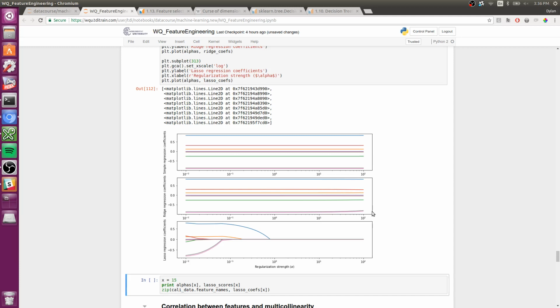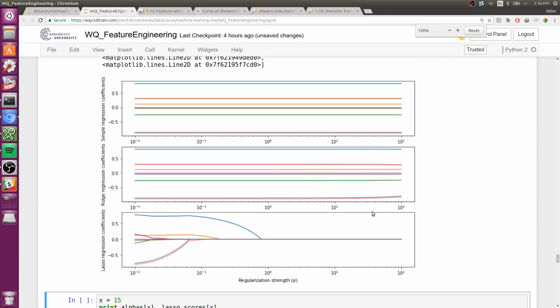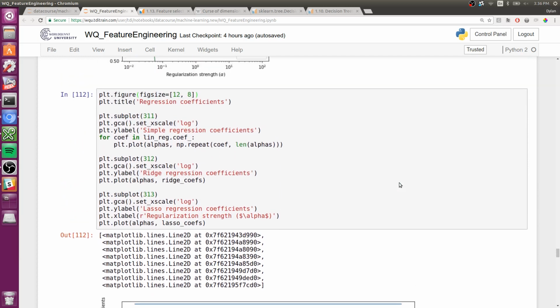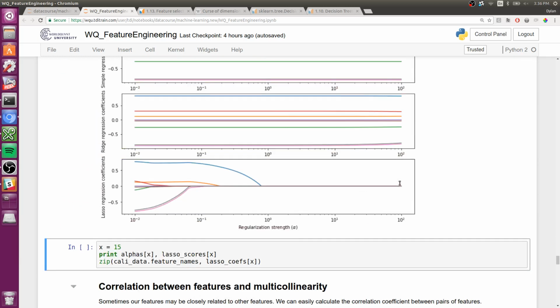It's a very slight bias, but you can see that they start to bend towards 0 at the very tail end here. If I increased the values of alpha to go even further, we would see a more dramatic bending. But in the case of ridge, they never actually reach zero. They start to tend towards zero, but they flatten out and only approach zero asymptotically.